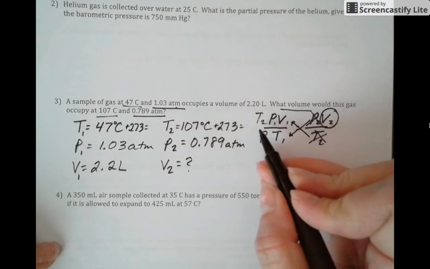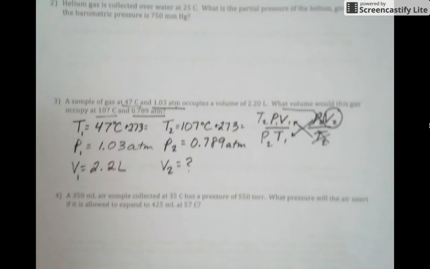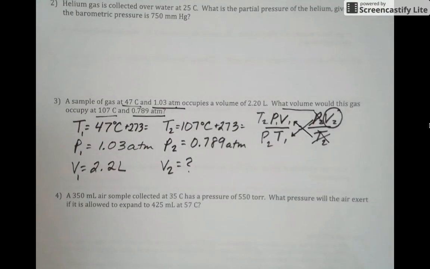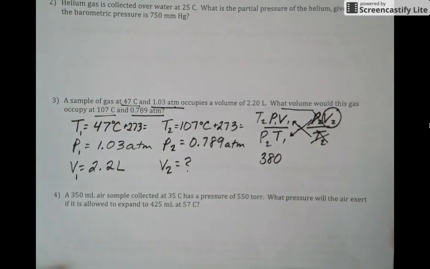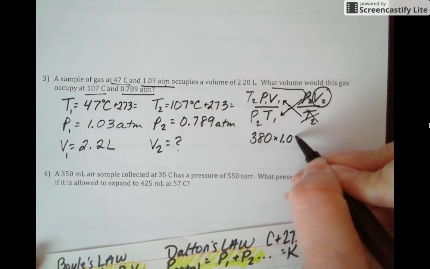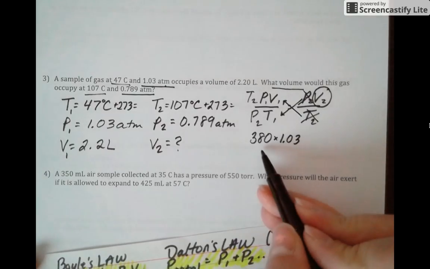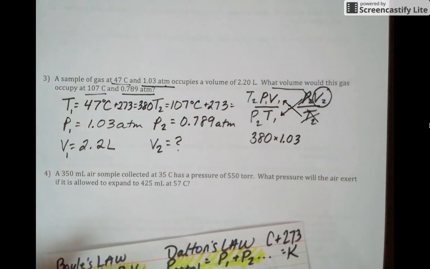Okay, so what is T2? 107 plus 273. What do you got? Yep. And then P1 is 1.03. Just so you know, I got 380 right here when I added 273 to it.